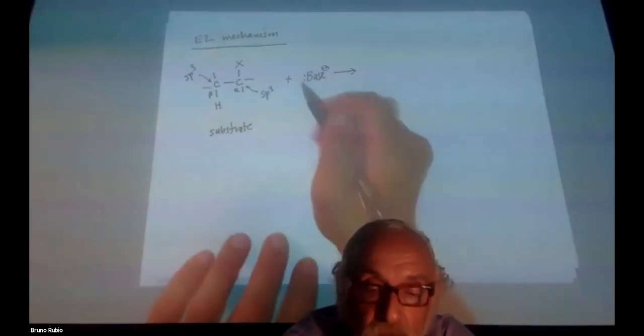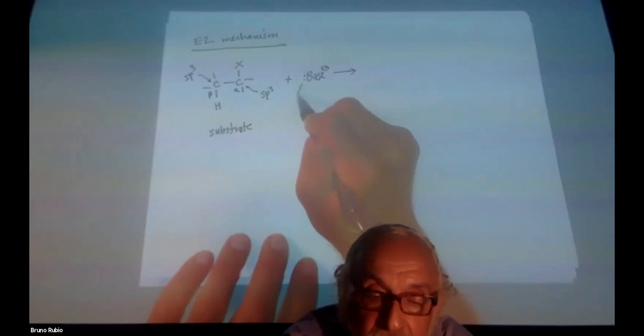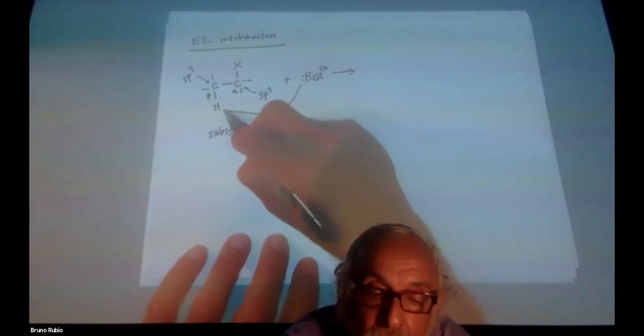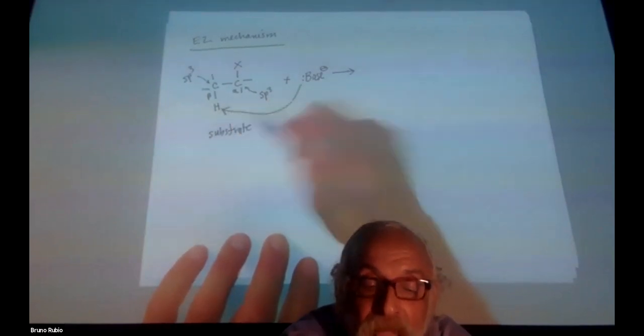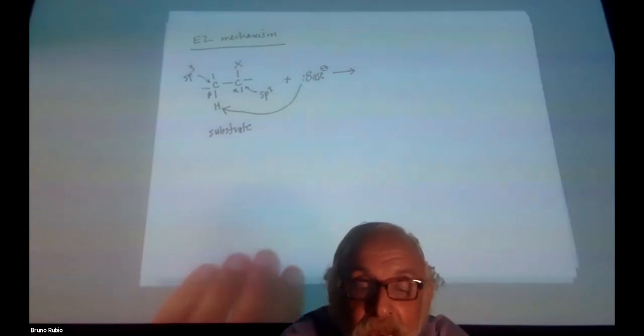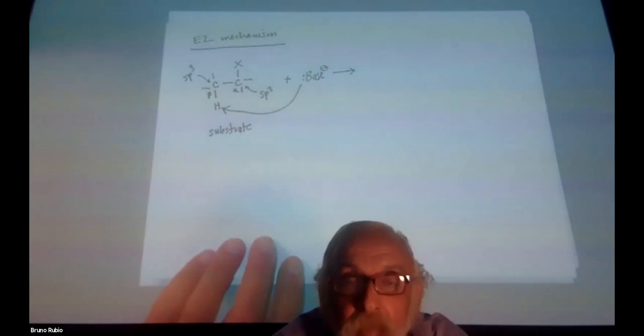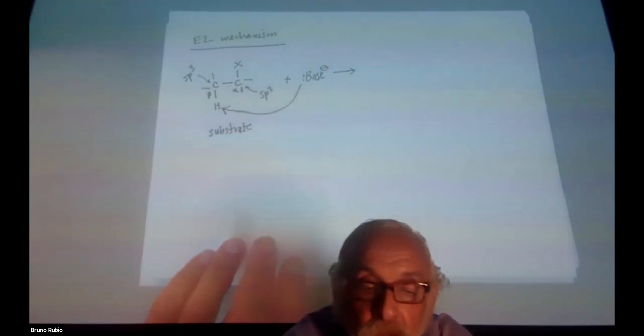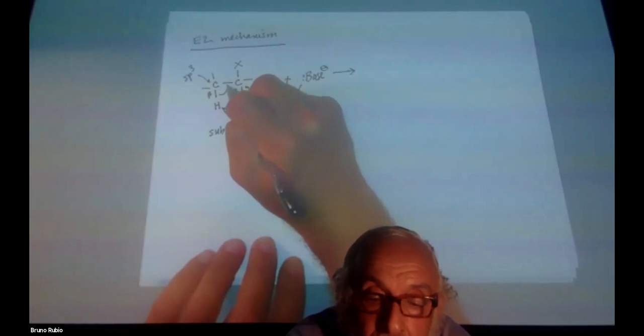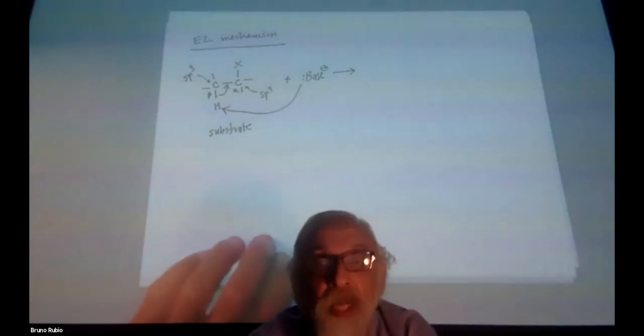In the E2 elimination, the base takes this electron pair and removes the beta proton from the beta carbon. The electrons that were keeping the beta proton on the beta carbon rush up in here to make a new carbon-carbon double bond.